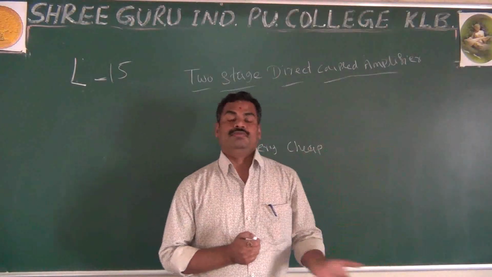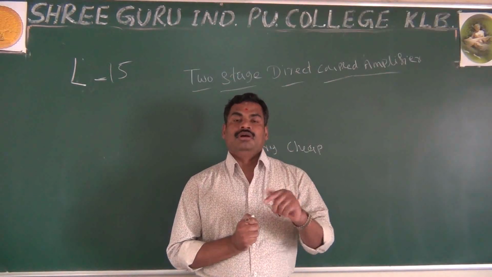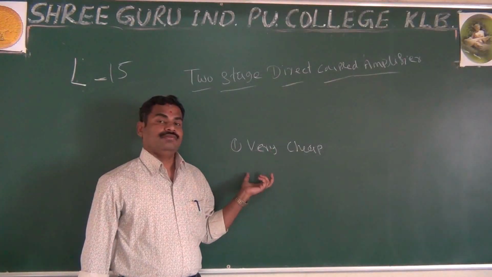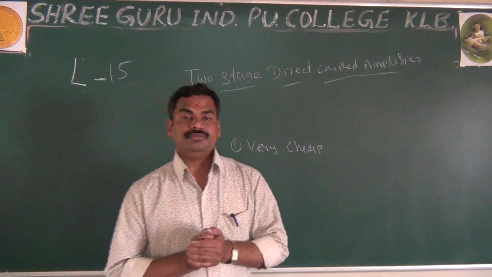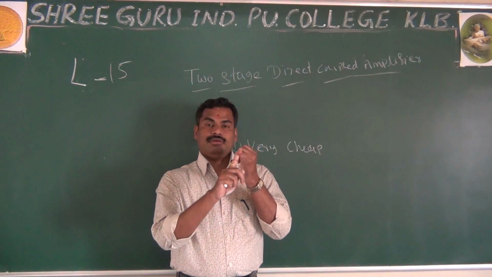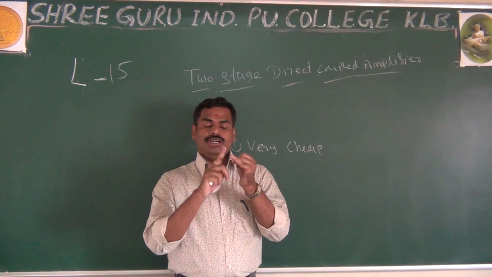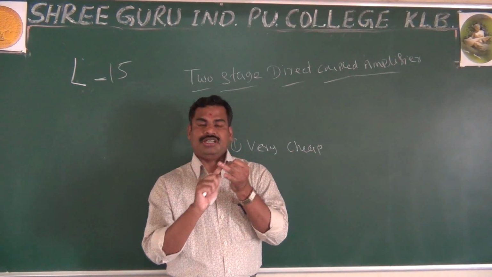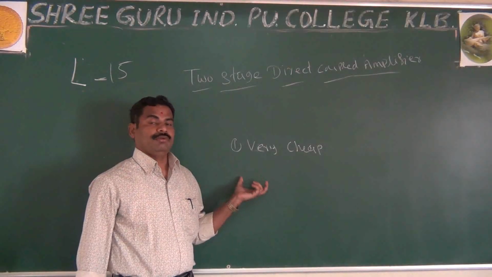It is very cheap and not costly because you are using only resistors. It is also very lightweight and occupies very small space. You are not using any capacitors or transformers. Another advantage is that it is used for low frequency amplification.